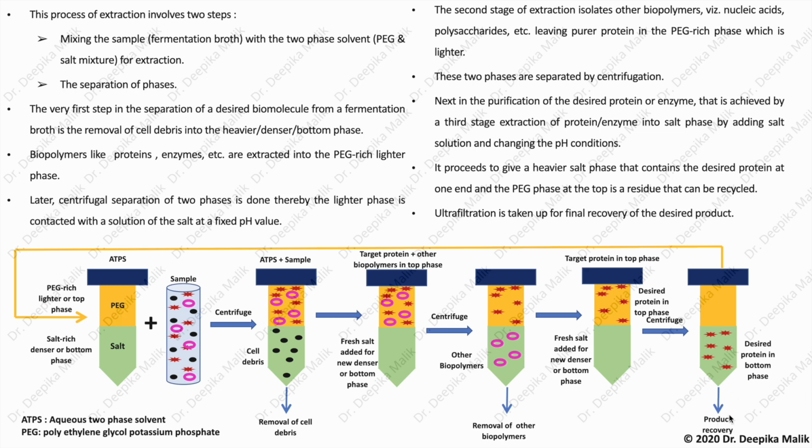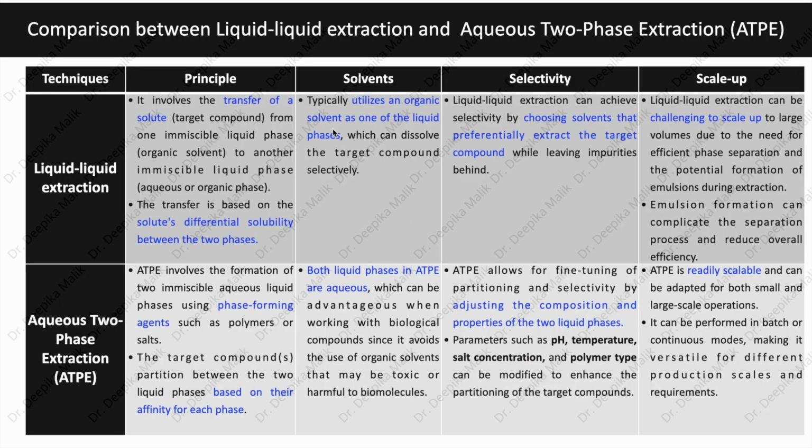The next slide shows a comparison between the liquid-liquid extraction and aqueous two-phase extraction system. First parameter of comparison is the principle. Liquid-liquid extraction involves the transfer of a solute, that is our target compound, from one immiscible liquid phase, that is an organic solvent, to another immiscible liquid phase, which can be an aqueous or organic phase.